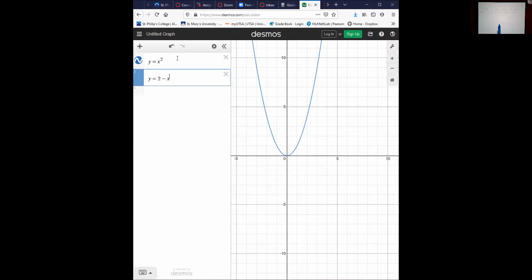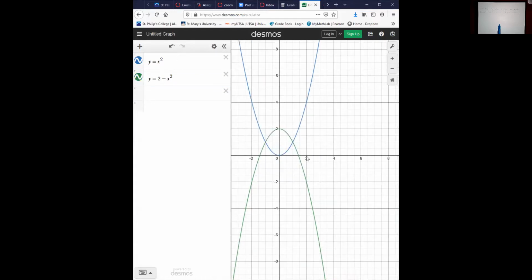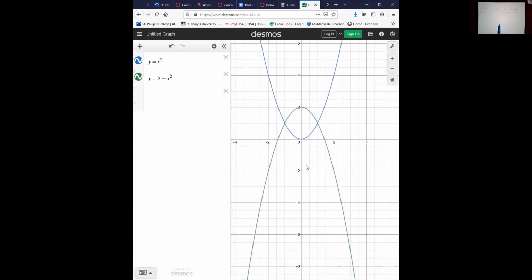And I can see the bounded region, but they said between 0 and 2.